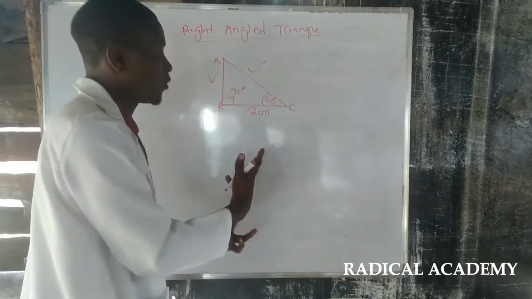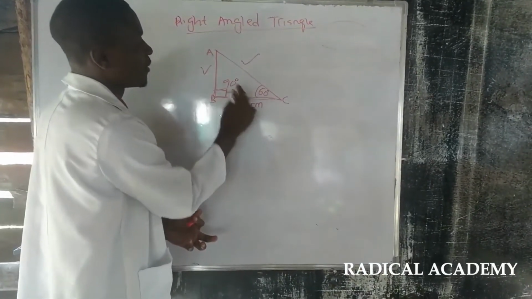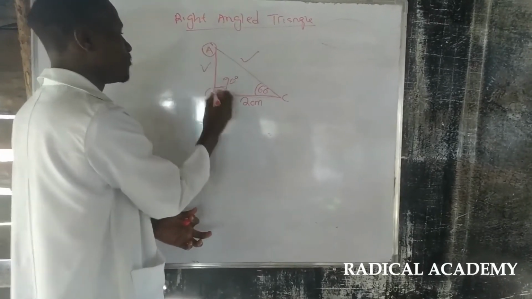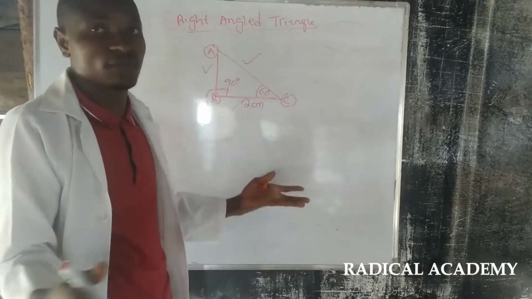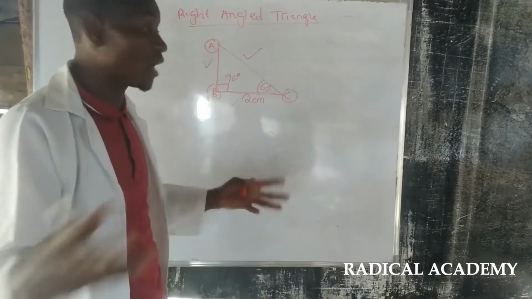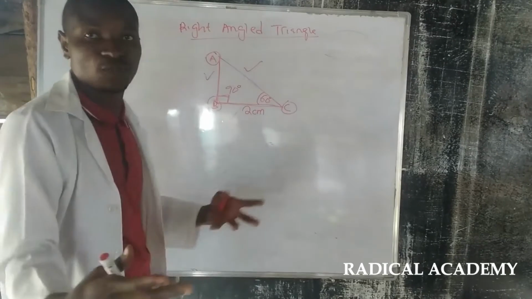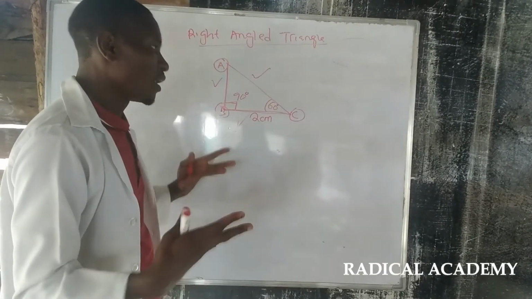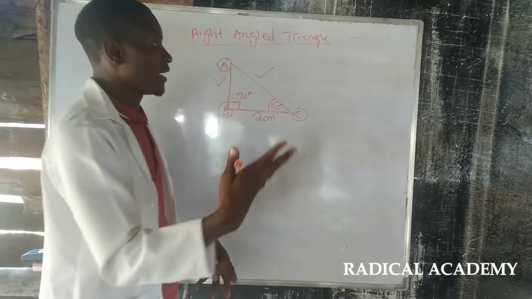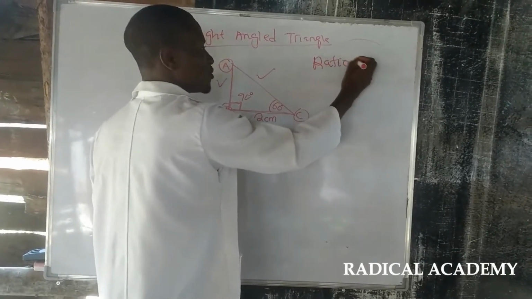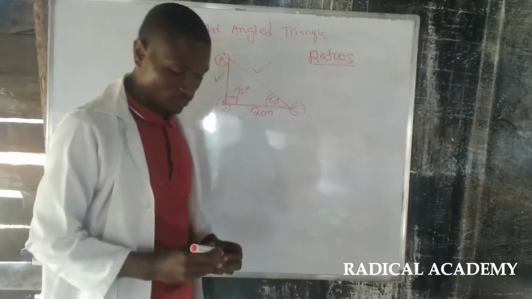Here we have sides and angles inside. We have A, B, C. We can name them whatever we want, using any letters of the alphabet, but for the sake of simplicity, we'll take them as A, B, C. Once you understand, there are some ratios that you need to understand.